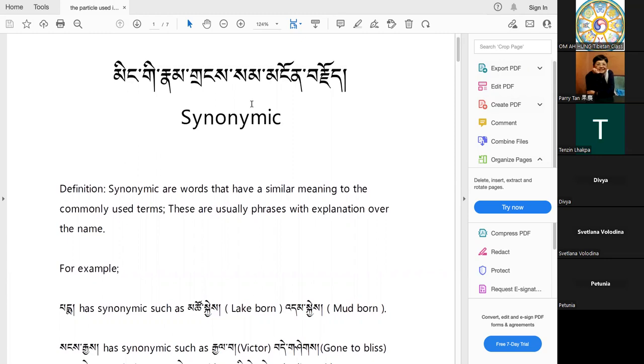So, mingi namtang sam ngonju. So, synonymic. Very interesting thing, which we have in Tibetan, the synonymic. As I have written in the group, it's one of the five minor sciences.